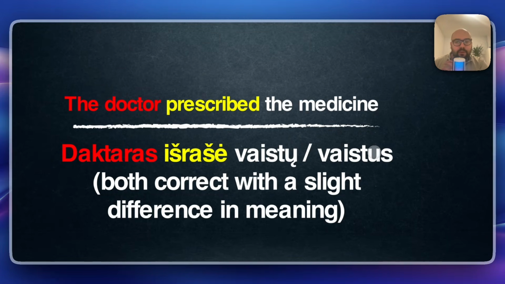Because I see people trip over places like this. They think they have to use one or the other. With some verbs, it's either genitive or accusative, and in this situation, both work. So once again, the doctor prescribed the medicine, daktaras išrašė vaistų or vaistus.